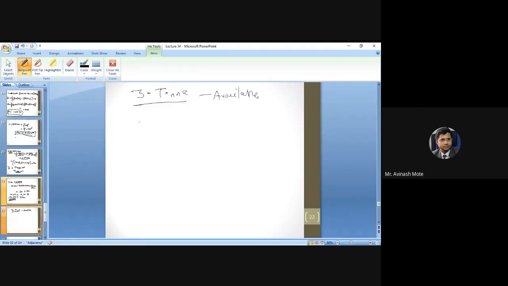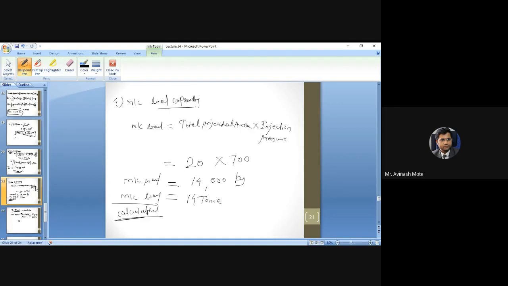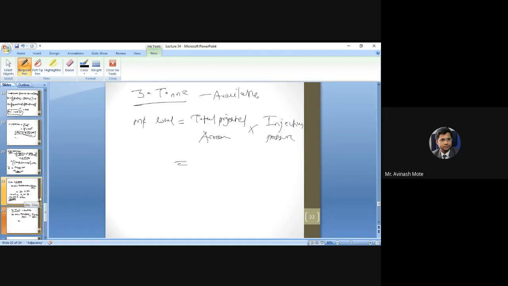Now our formula is machine load equal to total projected area times injection pressure. Now we have to revise the projected area. Why? Because in the last section it was as per our dimensions, but we must redefine it according to what is available.